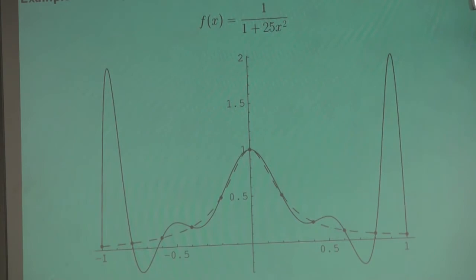The polynomial has to meet this point and this point and this point. The approximation is fairly good here in the middle. Not really good, but maybe acceptable. But already here we get a not nice oscillation, and here, and it's getting worse and worse.